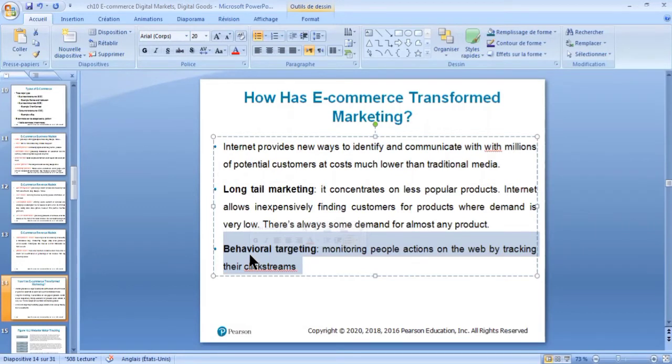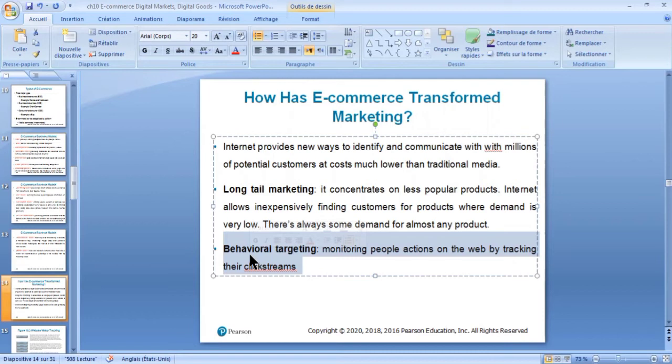And companies use this information to expose you to specific advertisements that are suited or targeted to your behavior.